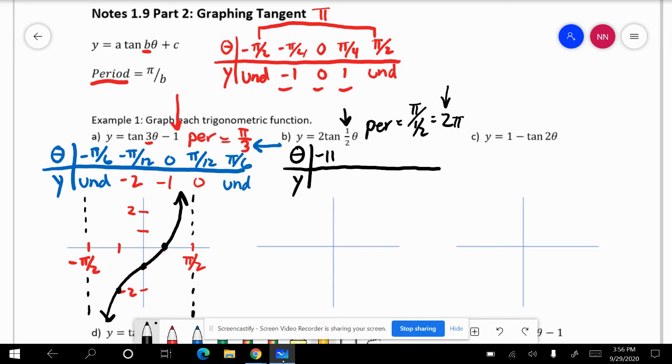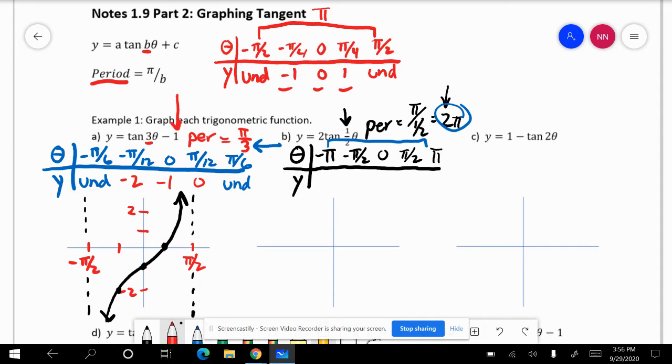So we have negative pi, then negative pi halves, 0, pi halves, and pi. This distance right here, negative pi to pi, is a distance of 2 pi. That's why the period is 2 pi.